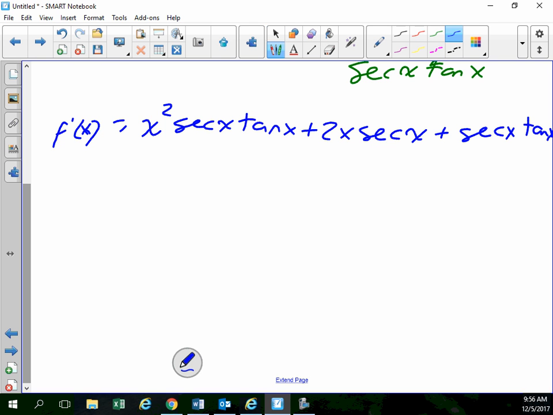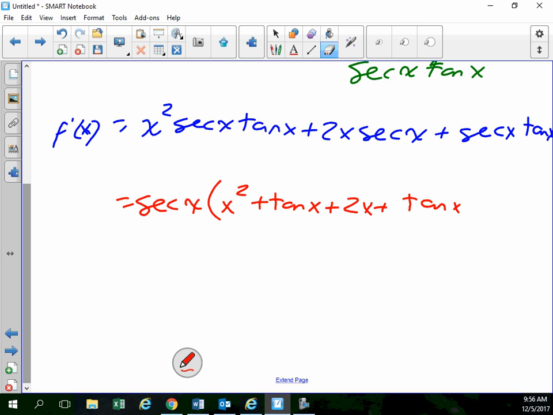See if it does anything if I take out a secant x. x squared tangent x plus 2x plus tangent x, all times secant x. Can I do anything with this inside the parentheses? No. So guess what? I'm done. You could leave it in the blue, because I can't do anything with it.